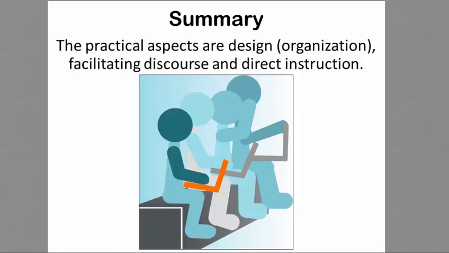In summary today, the practical aspects of teaching in the classroom using the CoI or Community of Inquiry framework are design and organization, facilitating discourse, and direct instruction. We want to remember to plan for open communication and critical discourse.